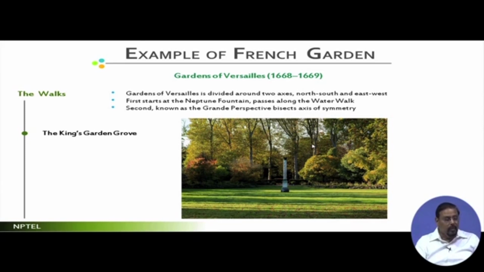Along with this, the King's Garden Grove, a zone which is very clearly interwoven with the grass lawns and having different kinds of vegetation at the backdrop, which changes its color by season because of the European climate. You know that phenomenon that essentially during autumn you have a kind of weather, and then gradually the color of the leaves changes.